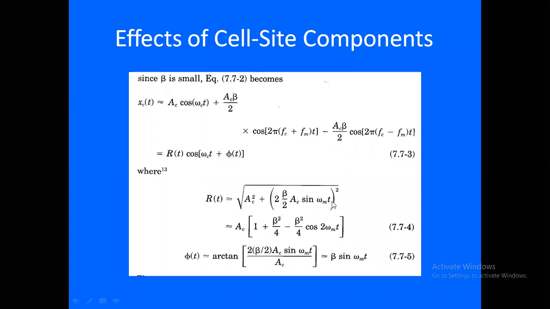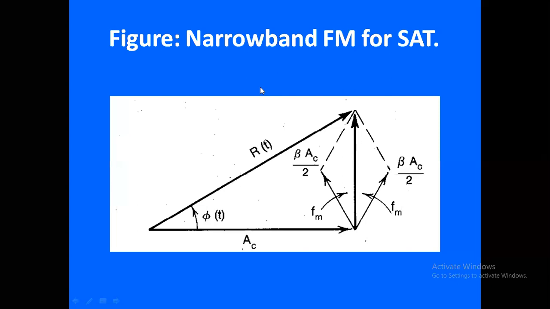R(t) is given by this equation and phi(t) is given by this equation, which is equal to beta sin omega m t. When we draw the phasor diagram, we will have R(t) here, beta Ac by 2 here, and beta Ac by 2 here.